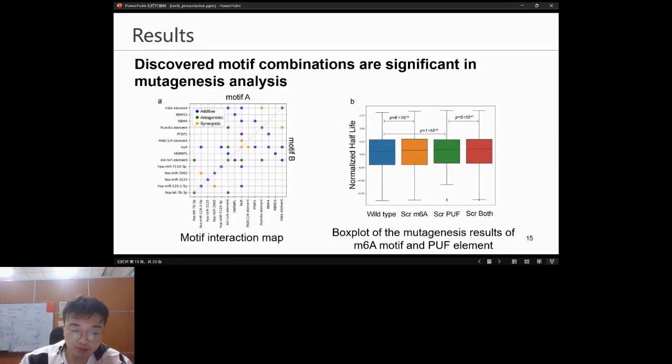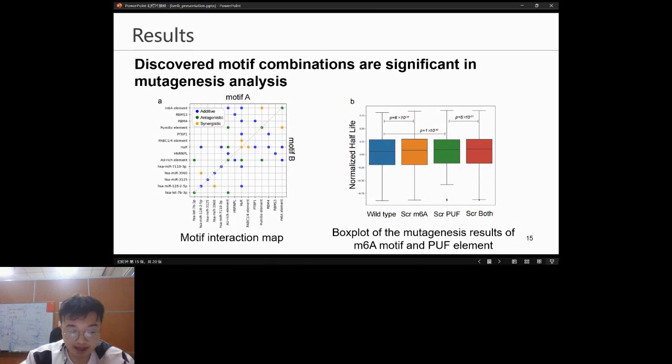We used an in silico motif mutagenesis analysis method to quantify the influence of pairs of co-occurring motifs on MRL and half-life, and we generated an interaction map to illustrate the interactions between motifs. As can be seen from the left figure, in the interaction map, the blue dots represent that motif A and motif B are independent from each other, indicating low interaction, and green and orange dots represent that motif A and motif B interact with each other.